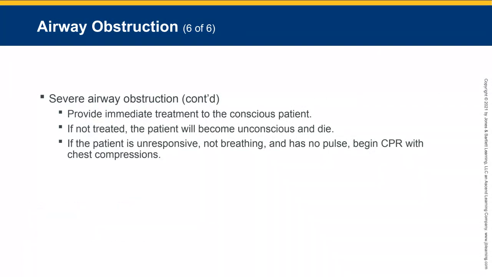If not treated, the patient will become unconscious and die. If the patient is unresponsive, not breathing, and has no pulse, begin CPR with chest compressions. Every time you come to give your ventilation, check to see if something is visible in the airway passage. If you can reach it, remove it.